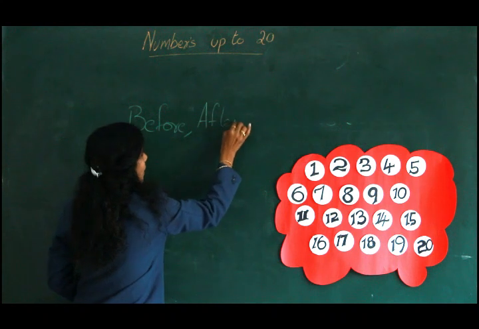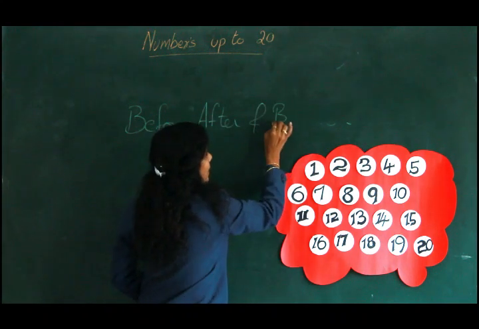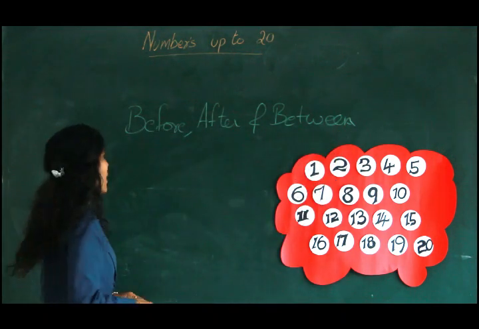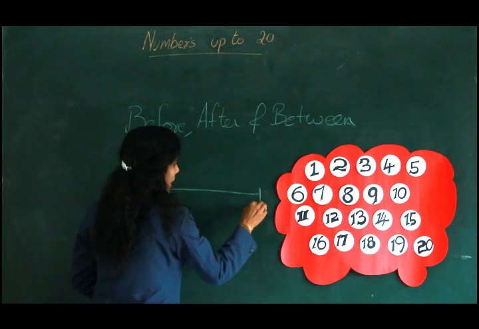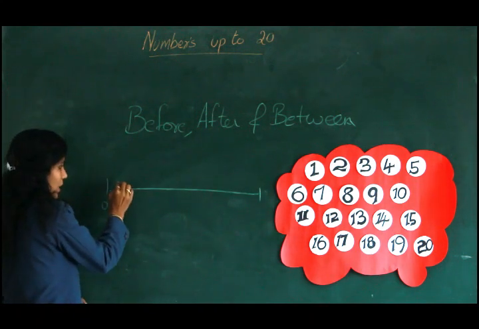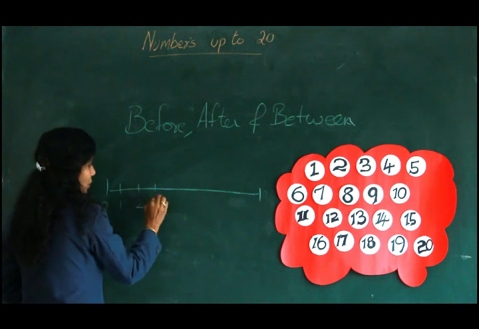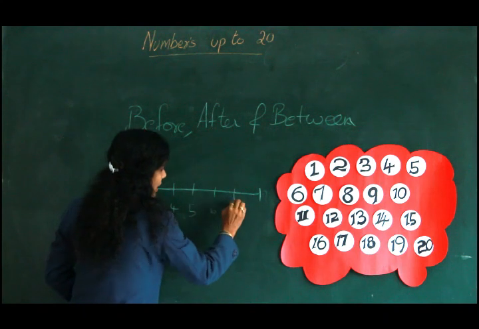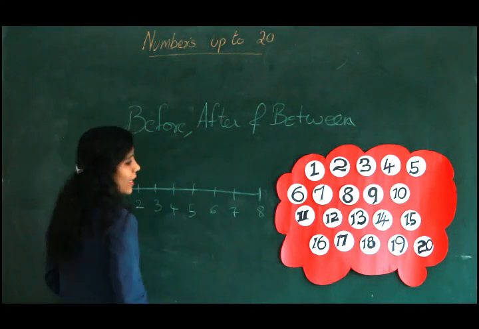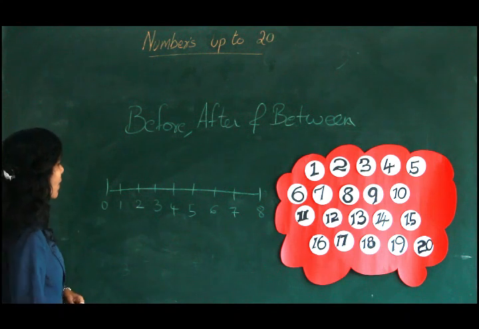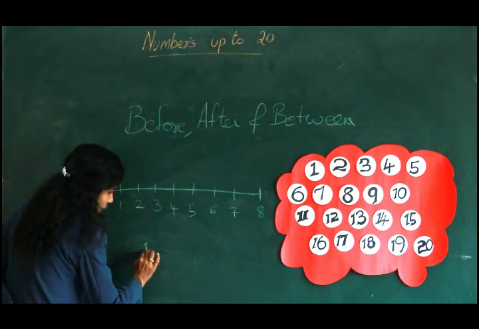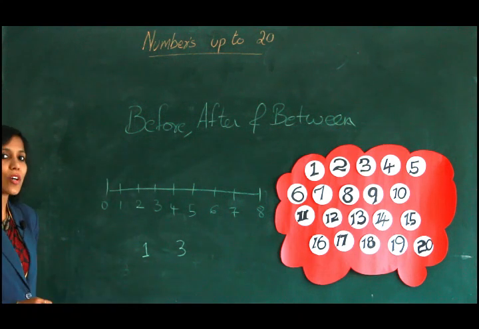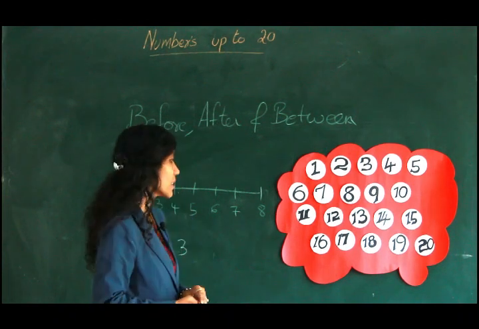Next concept is before, after and between. Now in our number line, starting from 0, we have 1, 2, 3, 4, 5, 6, 7, 8. Here, when we take two numbers, that is 1 and 3, we want to know which number comes in front.